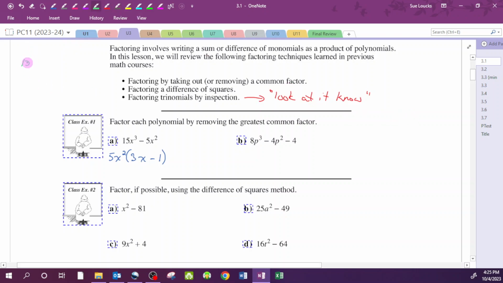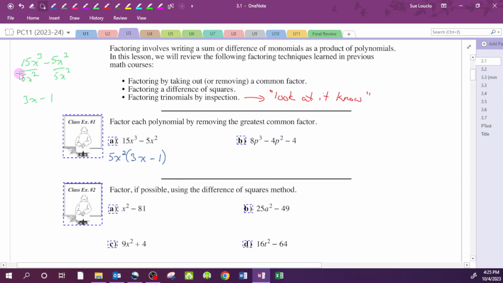I do want to just show you a little thing over here: if you do this by dividing, you learned to divide polynomials in grade 9. If I divide this by 5x squared and I divide that by 5x squared, I get 3x minus 1. And this can be a useful strategy for factoring things, if you can't divide it in your head by looking at it, then this is a really good strategy.